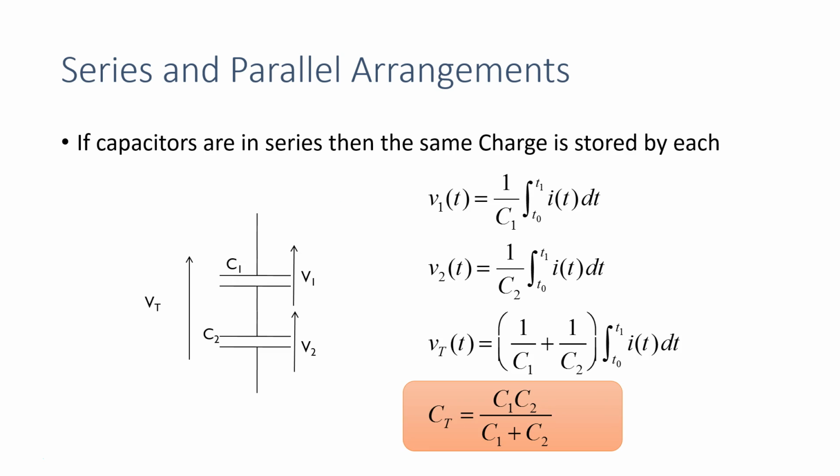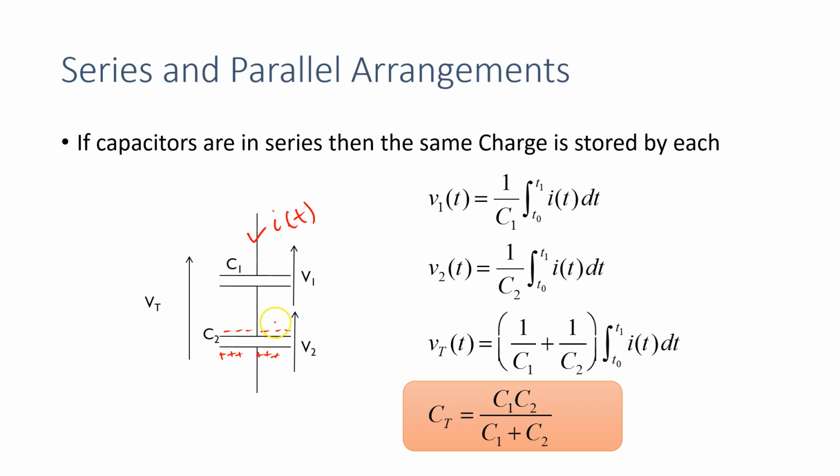So moving on to series, if I have the series arrangement, then the current through both of them is the same, right? Or the other way we could look at this is saying the charge stored is the same. So what this means is if I have some positive charge here, that is going to induce a negative charge on my second plate.